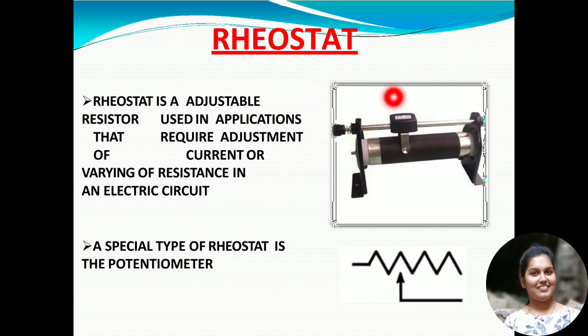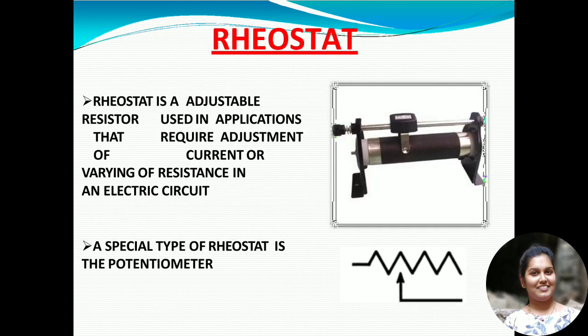So this kind of resistor is nothing but a variable or adjustable resistor. These are mainly used in applications that require adjustment of current or varying of resistance in electrical circuits. Mostly these are used in controlling AC and DC motors, where we want to control the speed by adjusting the value of the rheostat.